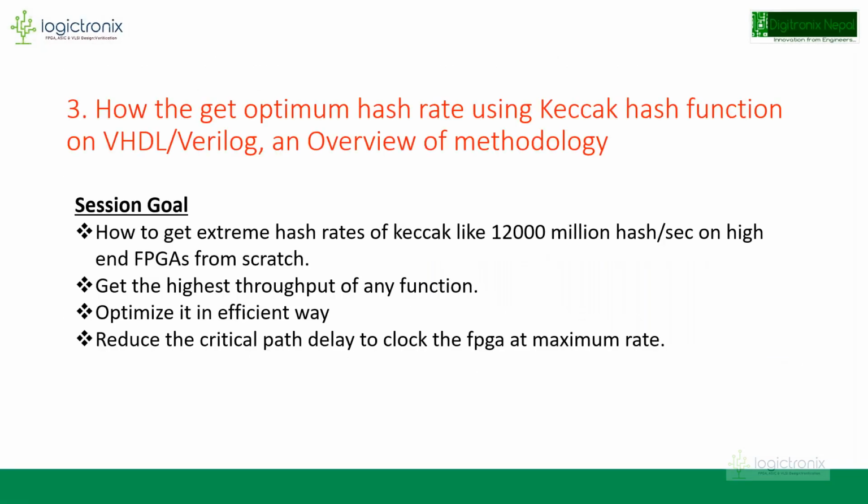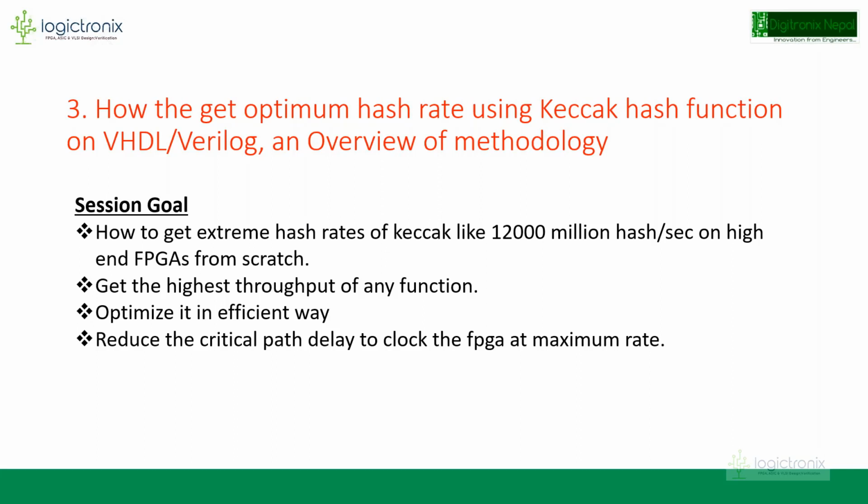So next is the most demanding session, which is how to get an optimum hash rate using the Keccak hash function, and how to utilize this Keccak hash function for getting 12 GH/s, giga hash rate per second, or higher. Here we are going to talk about a few methodologies of using these Keccak hash functions.